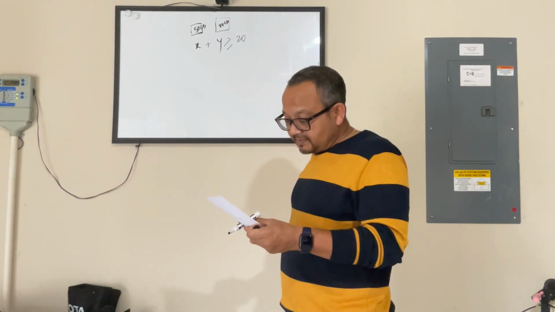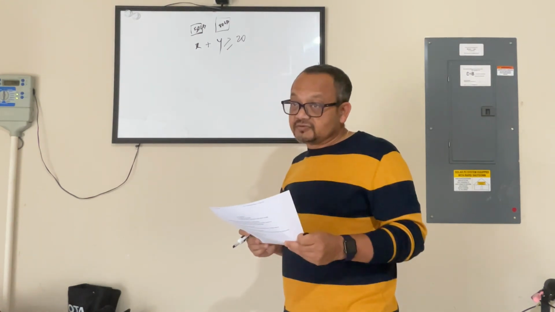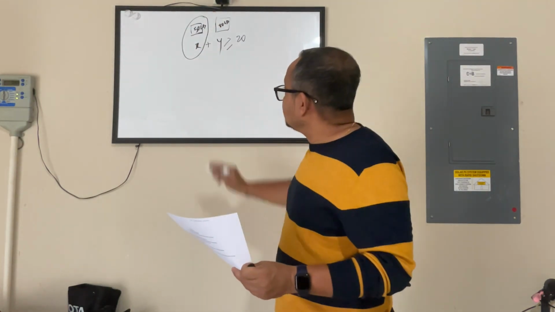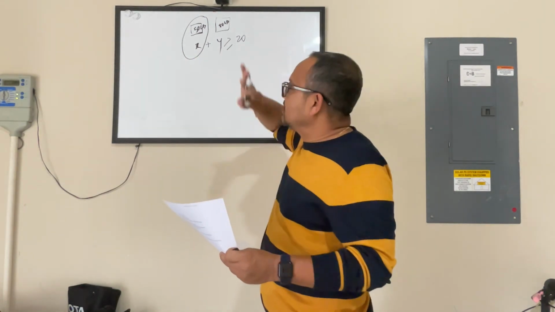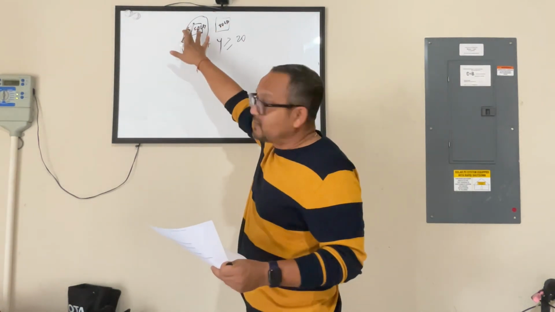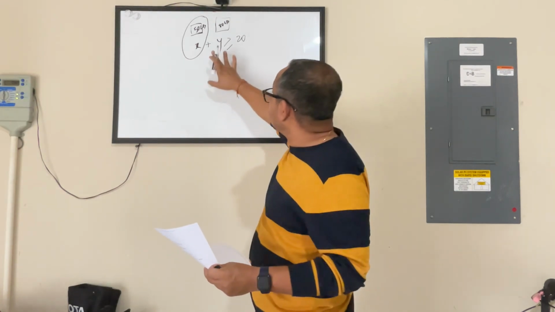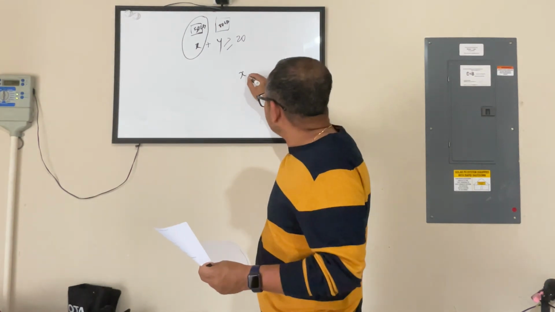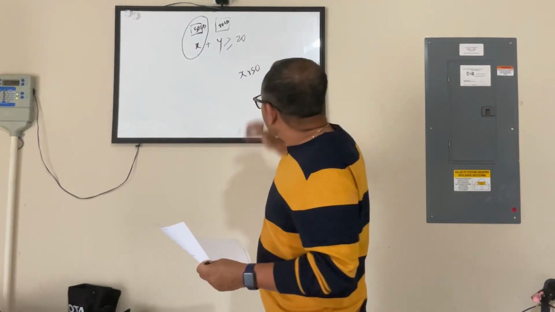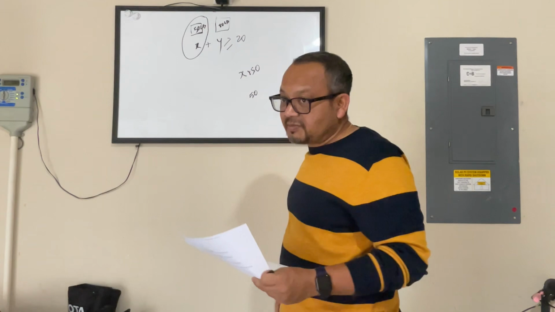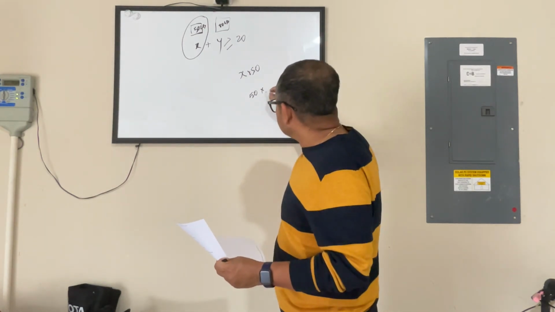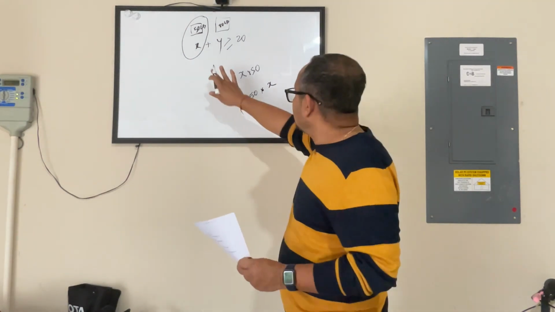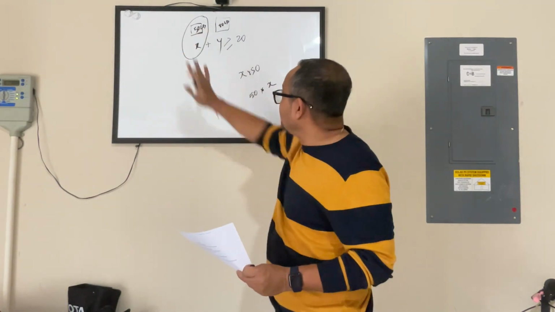And the total weight of the packages cannot exceed 1500 pounds. So some number of boxes of 50 pounds plus some number of boxes of 80 pounds cannot weigh more than that. The weight of one box will be 50 pounds. Let's say I have X boxes, so it will be 50X pounds with these 50 pound boxes.